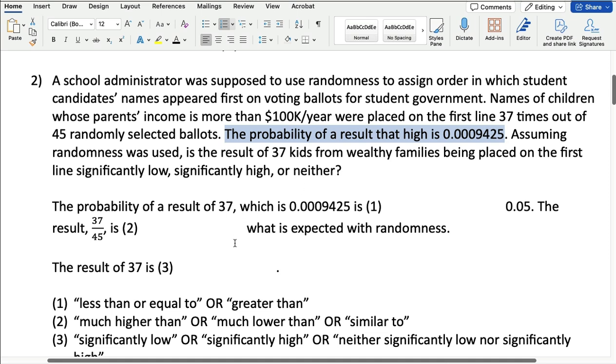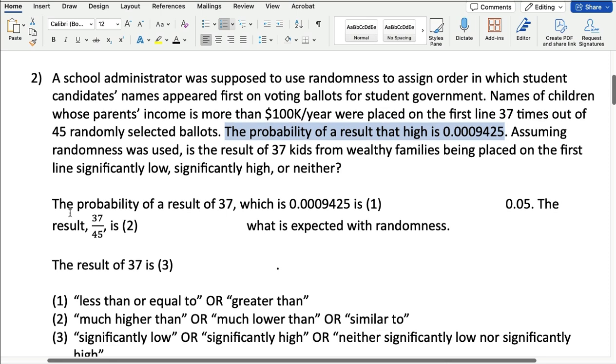So the first step of answering that question is to look at the probability of getting that result. Was that less than or equal to, or greater than or approximately equal to 0.05? That's our threshold for something that is considered to be rare.